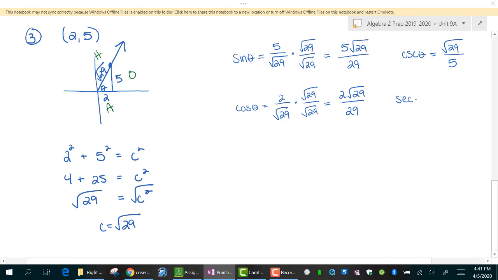And then for secant of theta, it's just the square root of 29 divided by 2. And finally, tangent of theta. So opposite over adjacent is 5 divided by 2. And then cotangent of theta equals 2 divided by 5.